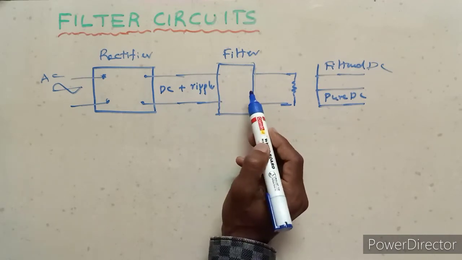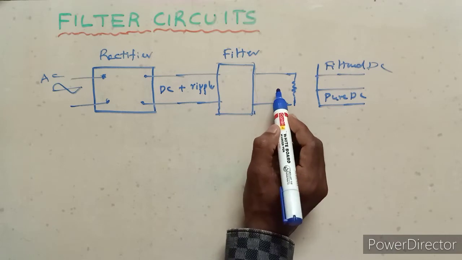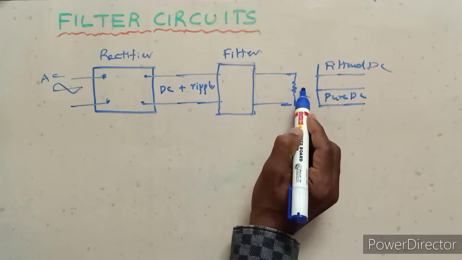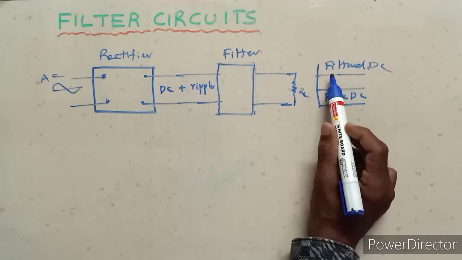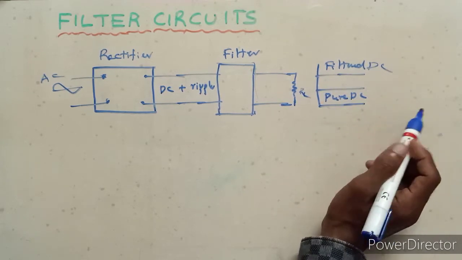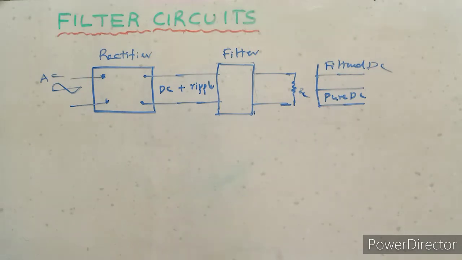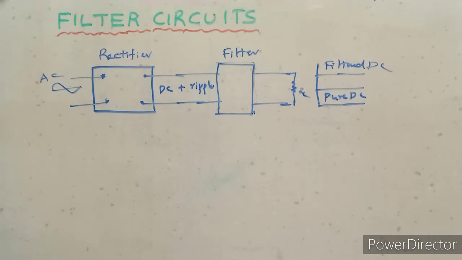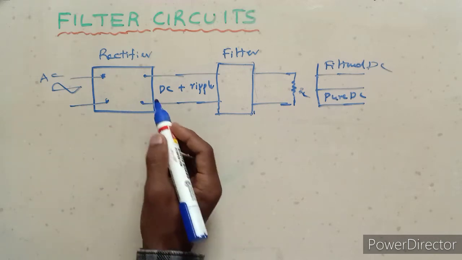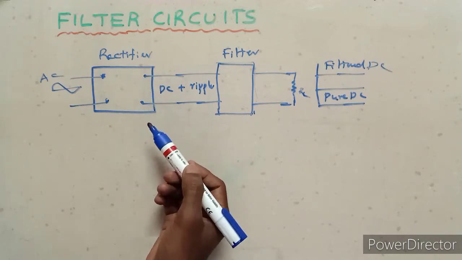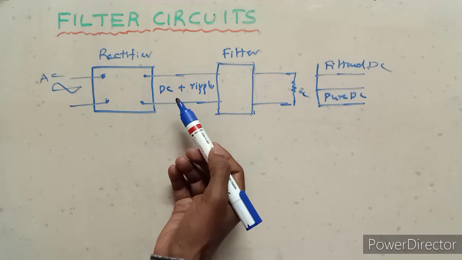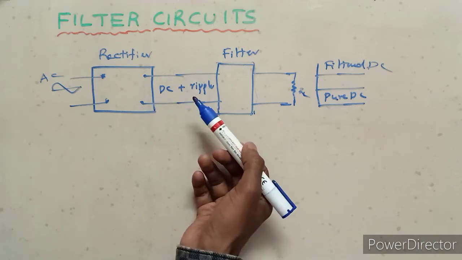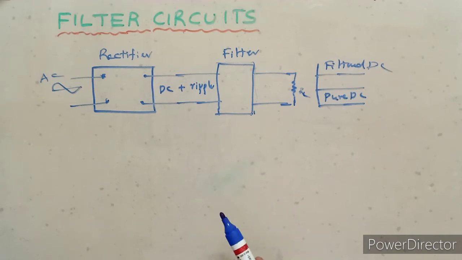Then after the filter, the purification, we get the pure DC. This is the load resistance. Then the output is the pure DC, that is the filtered DC. So this is the process of purification of AC to DC. In general, what is the rectifier? So you must watch the half wave and full wave rectifier classes. Their links are in the description below.